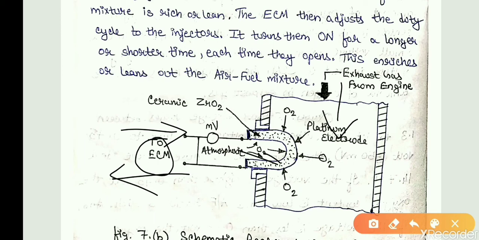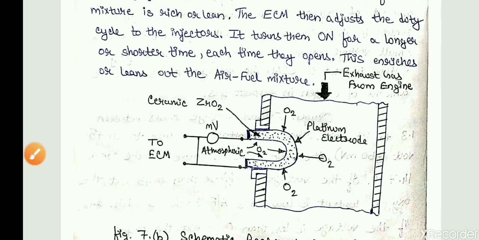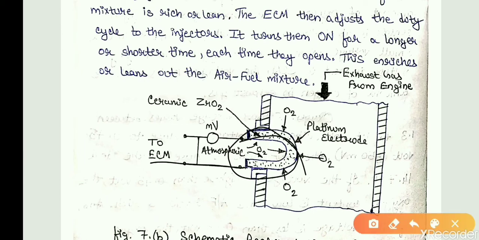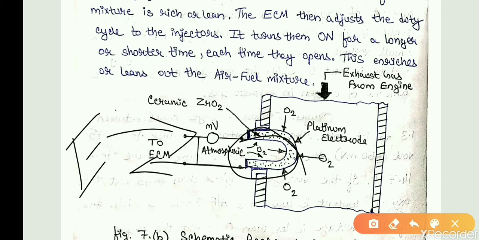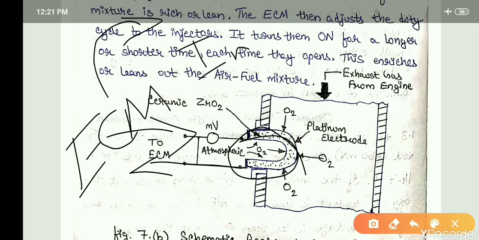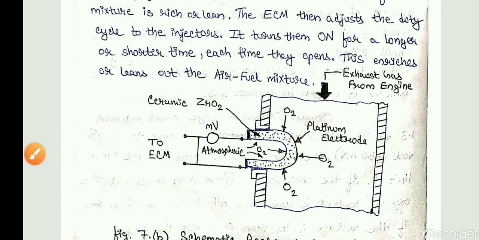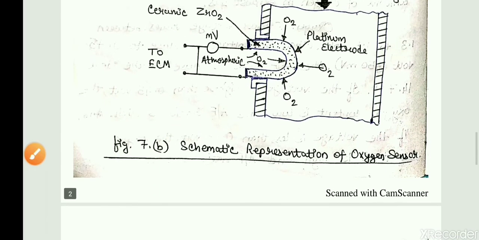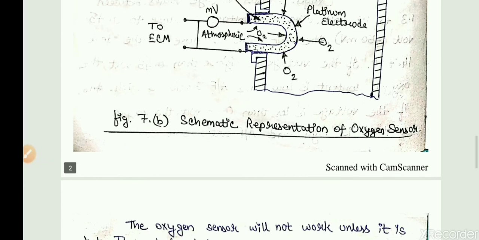It detects the presence of oxygen, as does the platinum electrode, in this exhaust gas. This is the exhaust manifold or exhaust pipe. Here it generates the voltage and sends it to the ECM, and the ECM feeds back the signal to the injectors to regulate the air-fuel mixture. So this is the schematic representation of an oxygen sensor.